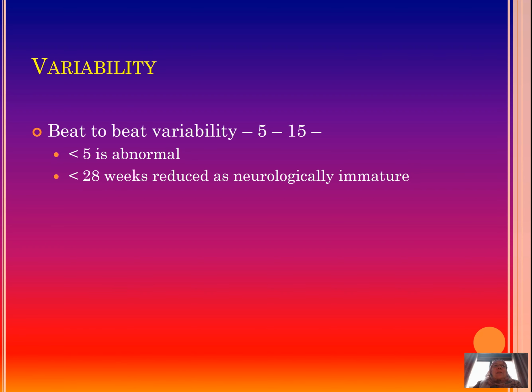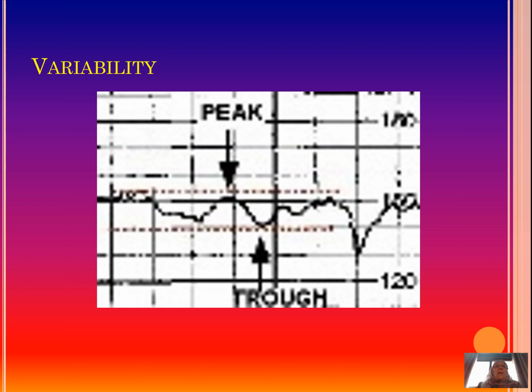Okay, let us look at the next feature of the CTG, which is the beat-to-beat variability. As I said before, less than 5 is abnormal, and so is more than 25.